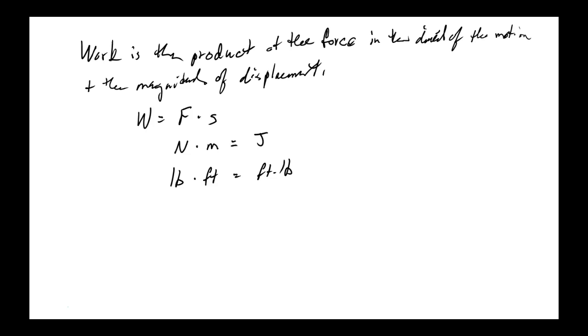So don't confuse foot-pounds here with foot-pounds of torque. Not that you will, because that's a chapter we're not going to do. Work is not a vector quantity because it has no particular direction. It's a scalar quantity only with magnitude.